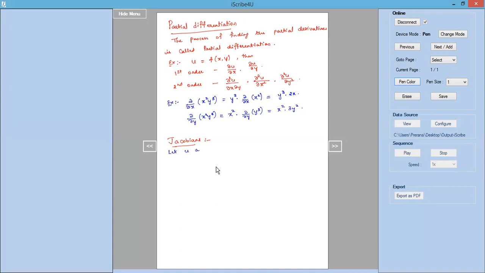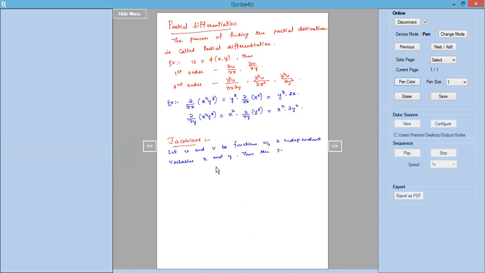So let u and v be functions of two independent variables x and y. Then the Jacobian, usually denoted by capital J, of u and v with respect to x and y.